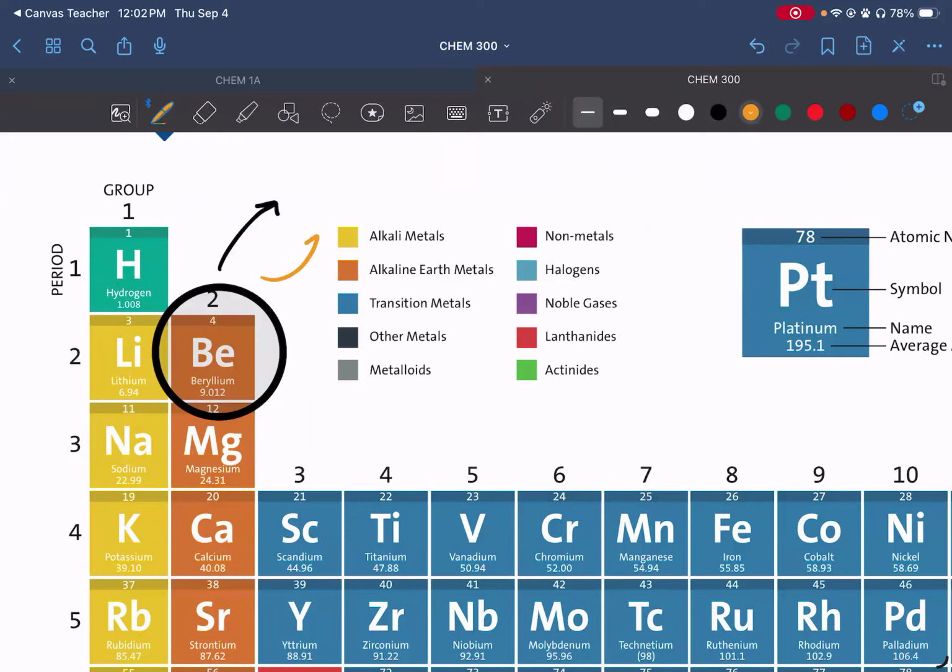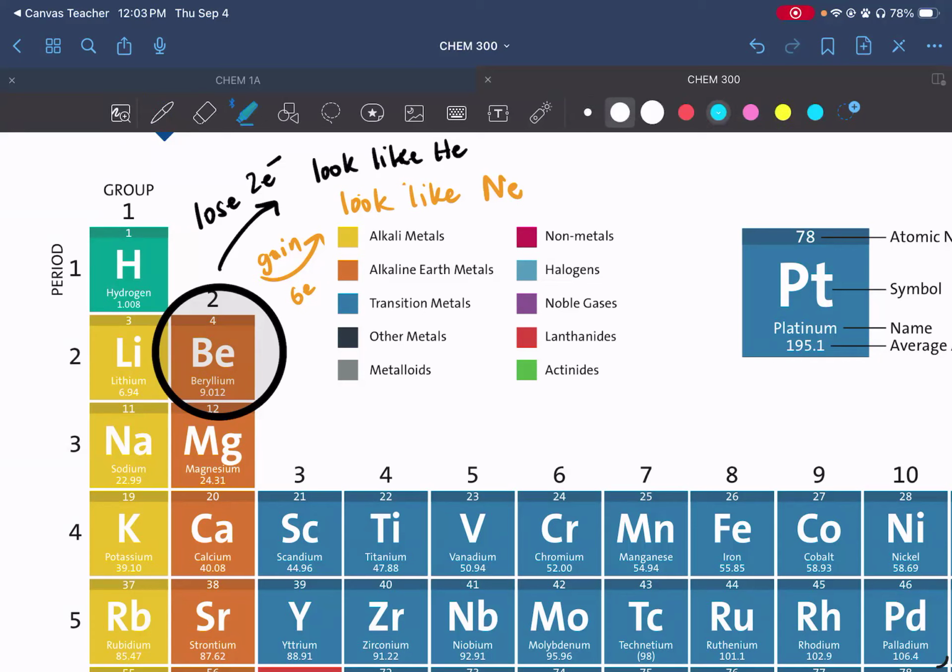Beryllium can either lose 2 electrons and it will end up looking like helium, or it can gain 6 electrons to look like neon. When given a choice, it's really just a numbers game. It would prefer to lose 2 electrons because it's easier to lose a lesser amount of electrons.